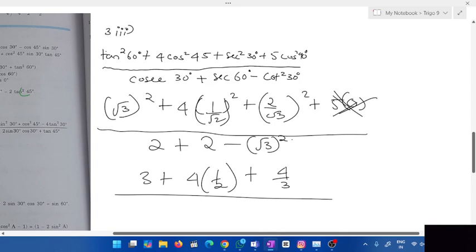That's all. 4 minus 3 is 1. Delicia, 2 plus 2 is 4. Yes, sir. 4 minus 3. Then the numerator.